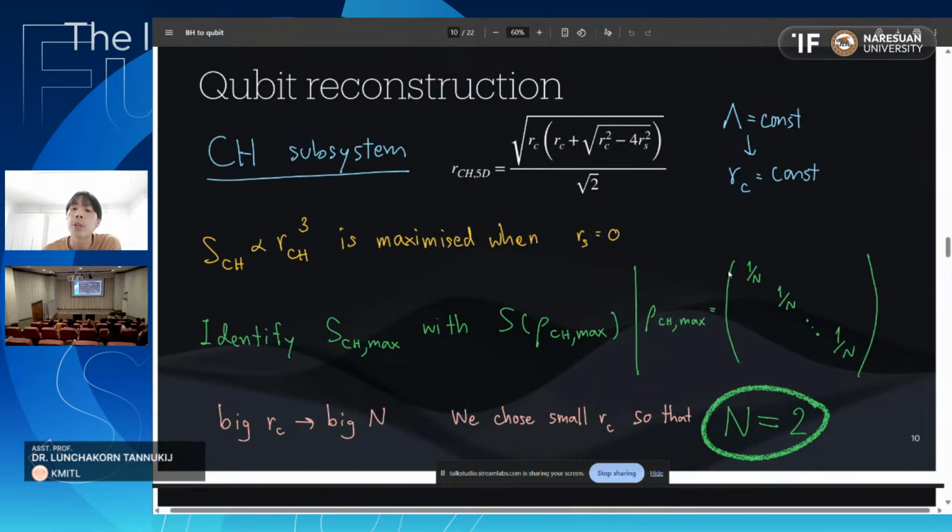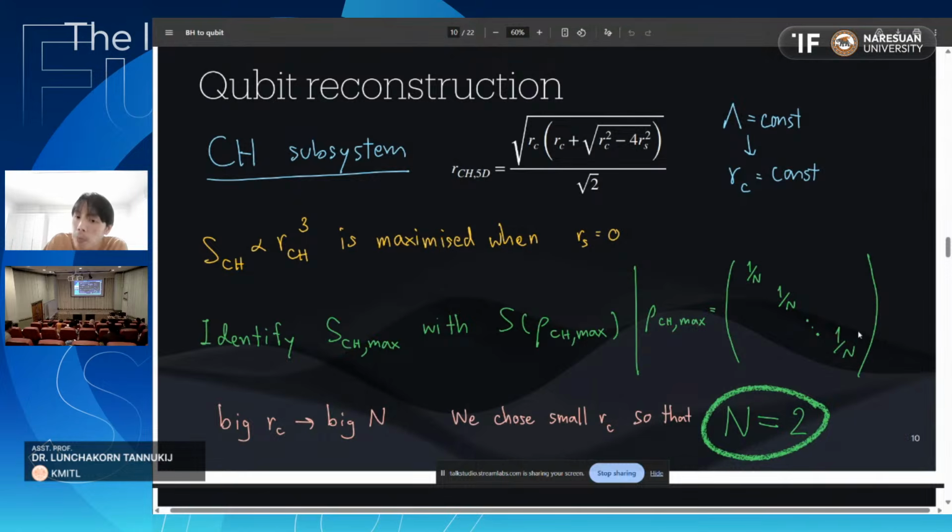So if this density matrix has dimension n, the diagonal elements will each be 1 over n. This form of density matrix will give the maximum entropy.